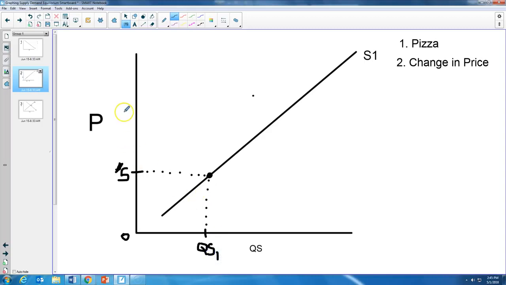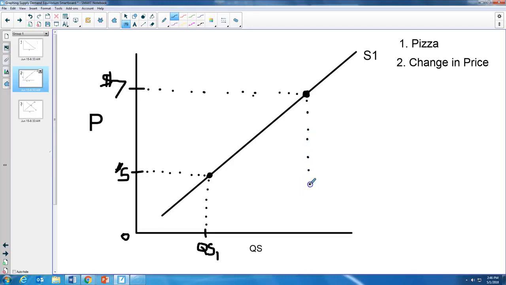And then the next price, it says the price went from $5 up to $7, so somewhere higher than $5. I'll put $7. And again, we'll do the same thing with the dots. Mainly, we're just trying to see about where on the line quantity supplied would fall. Okay, so it would put me somewhere roughly in that area.